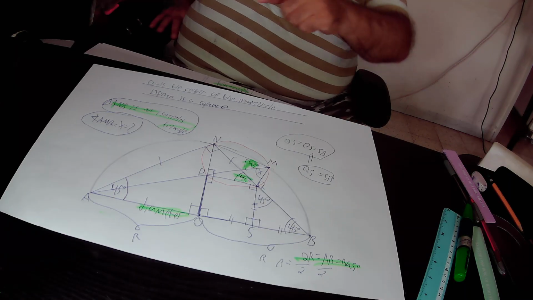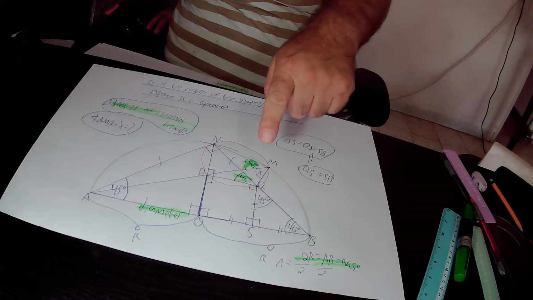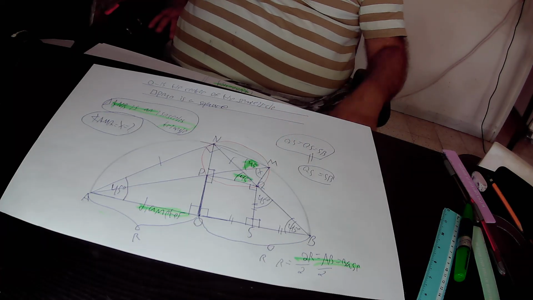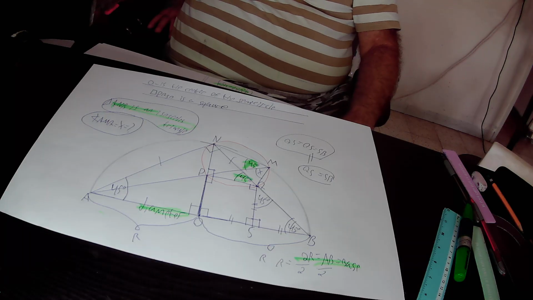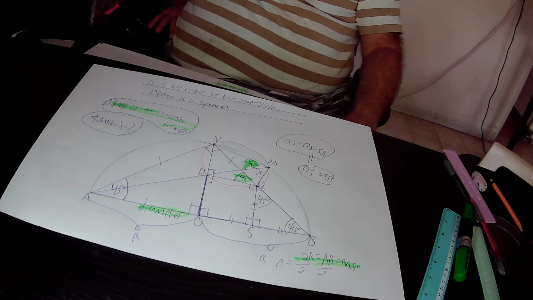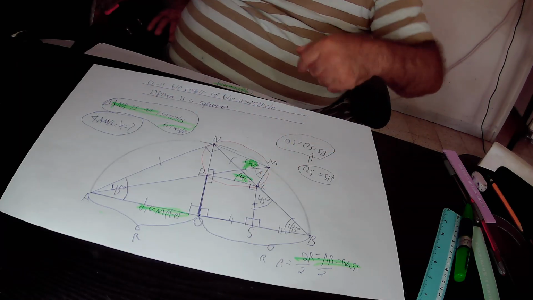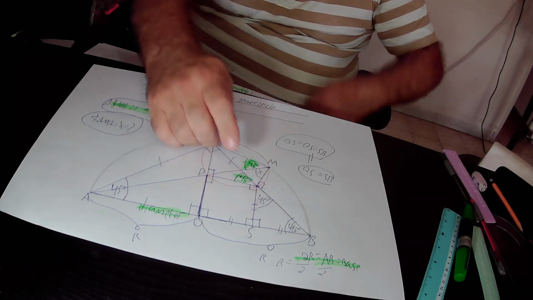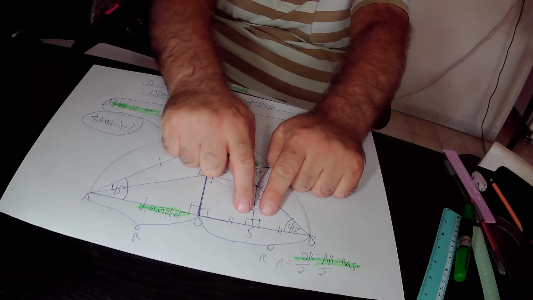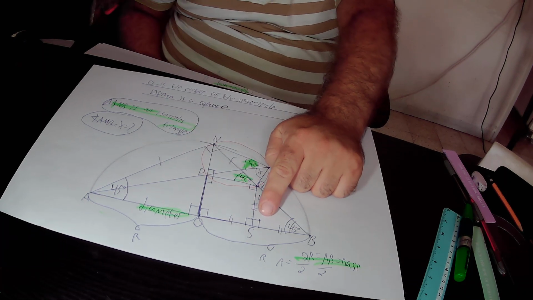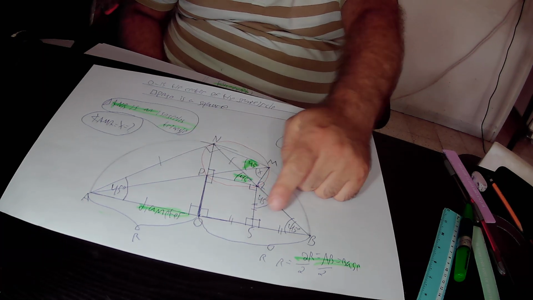If you focus on the upper side of the straight line AB at point S, the sum of the angles must be equal to 180 degrees according to rule 3. Rule 3 says that the sum of the angles on one side of a straight line is equal to 180 degrees. Which angles do we have at the upper side of the straight line AB at point S? We have this angle that is a right angle plus this missing angle. In total the sum of those two angles must be equal to 180 degrees according to rule 3. Therefore, this missing angle must be equal to 90 degrees in its size.